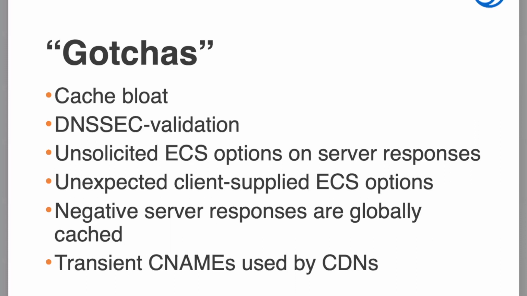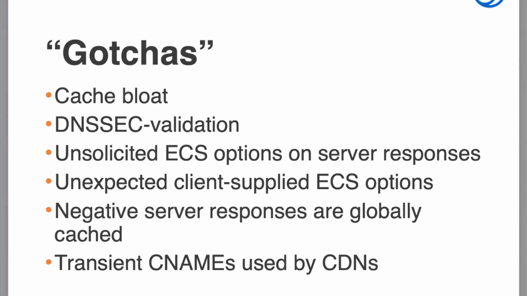Where this can go slightly awry is if somebody queries via your resolver for the CNAME, or the resolver queries itself for the CNAME. Maybe it's doing prefetch for something that's about to expire from cache. And yes, prefetch does apply to ECS.